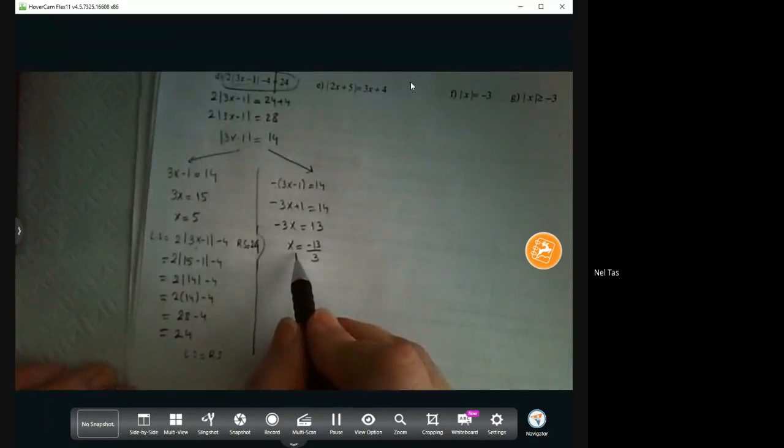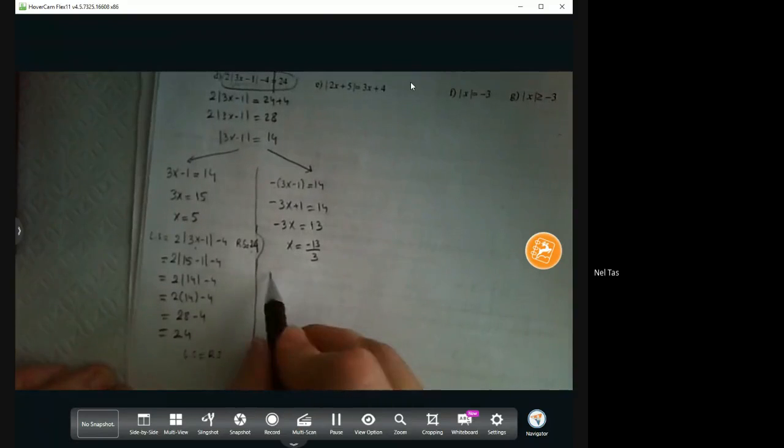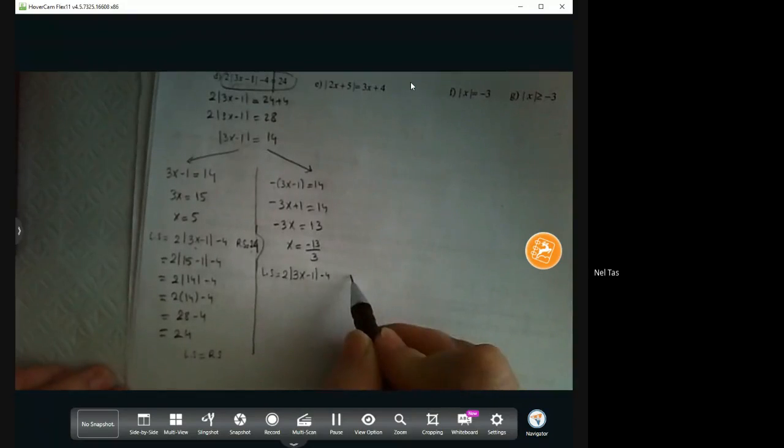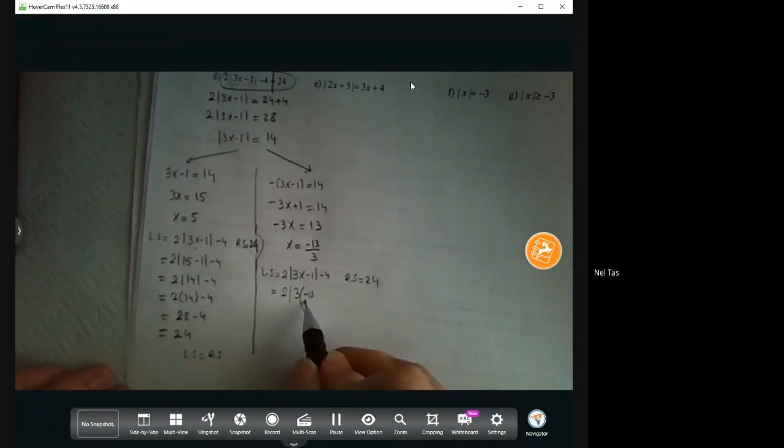So let's check x equals negative 13 over 3. Left side is 2 times absolute value of 3x minus 1 minus 4. And right side is 24. Okay, so 2 times absolute value of 3 times negative 13 over 3 minus 1 minus 4.